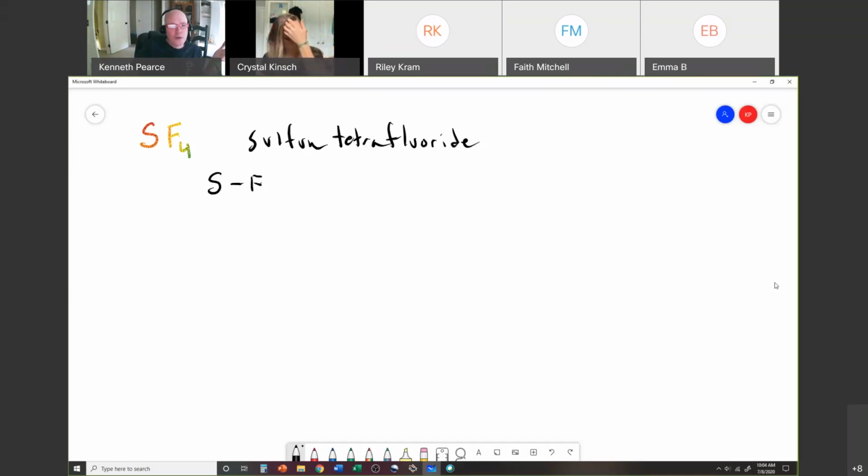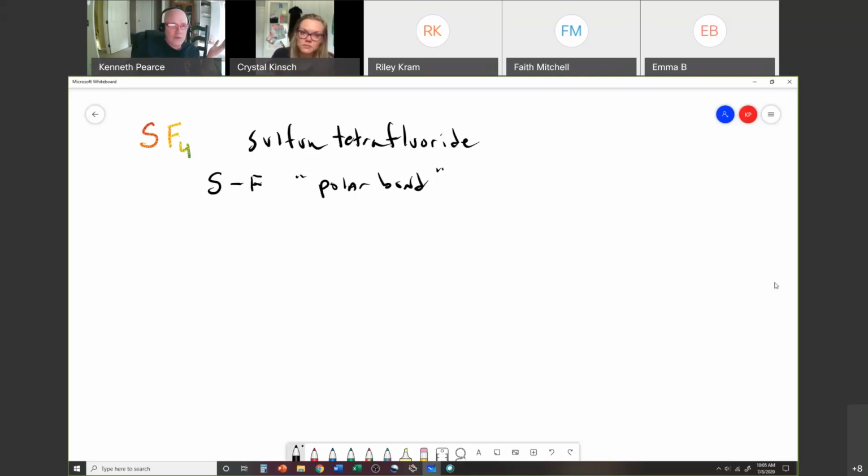We can say this is a polar bond. Why is it a polar bond? From a simple standpoint, because it's from different parts of the periodic table. From a more technical standpoint, they have different electronegativities, so you have a net dipole across the bond.